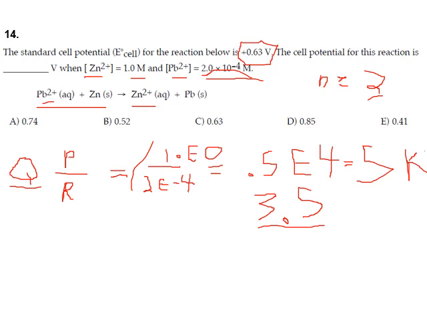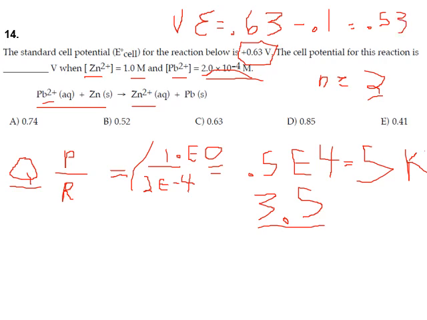So you would wind up with the actual voltage of the cell, or actually let's write it as E because that's the way they usually do it in this book, would be 0.63 volts. That's the E standard, minus that other term which we decided was about 0.1. So what is 0.63 minus 0.1? It's about 0.53. Okay, so let's go ahead now and move on to the next slide and see if we got this right.